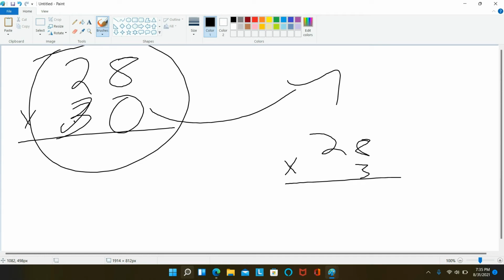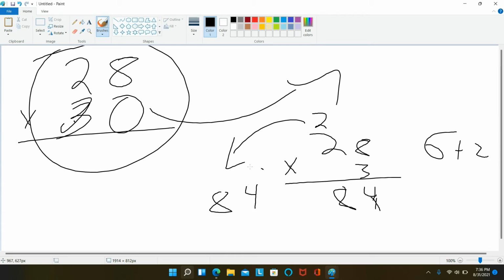Then you can use our previous two digit by one digit multiplication method. 3 times 8 is 24, the 1's digit goes at the bottom, and you put the 2 to the side. Multiply 3 by 2, 6, bring our amigo over here, add it to the 6, 84.